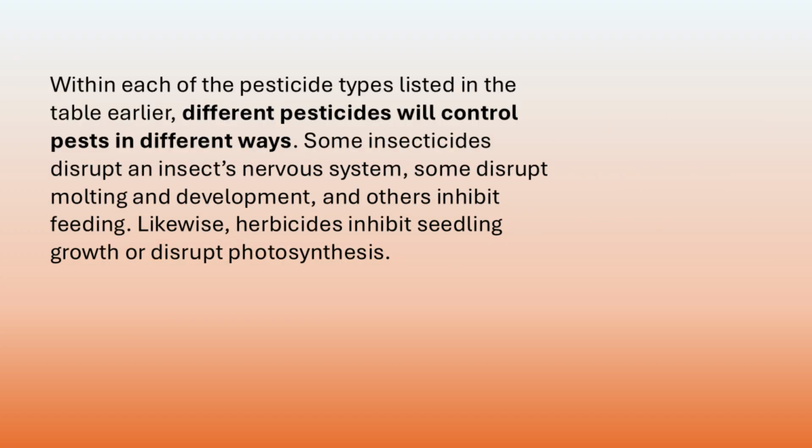Within each of the pesticide types listed in the table earlier, different pesticides will control pests in different ways. Some insecticides disrupt an insect's nervous system, some disrupt molting and development, and others inhibit feeding. Likewise, herbicides inhibit seedling growth or disrupt photosynthesis.